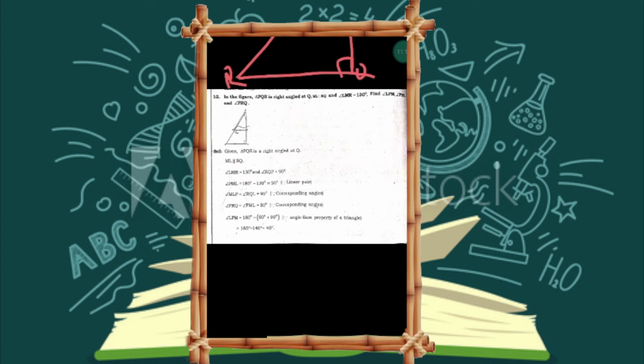This is ML parallel to RQ. These two lines are parallel lines. And angle LMR, LMR means this angle. How much did they give? 130 degrees. This is 130 degrees. Find LPM. LPM means we can find out this angle children. And PML, we can find out this angle also. And PRQ, PRQ means we can find out this angle. Understood children? By using the given figure.